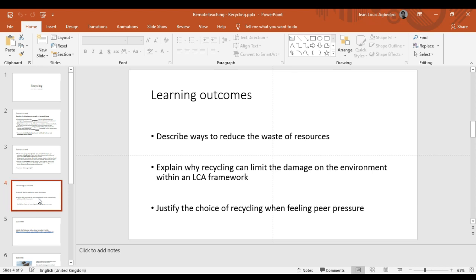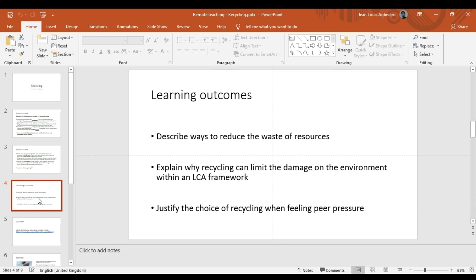So the learning outcome, what you will be able to do or to know at the end of this lesson, is hopefully to describe ways to reduce the waste of resources, and explain why recycling can limit the damage on the environment within an LCA framework.